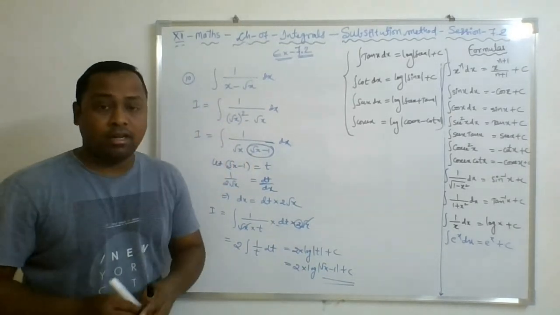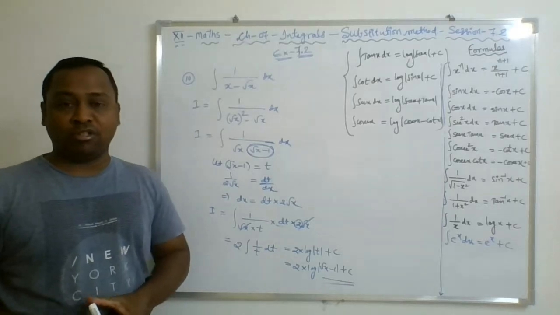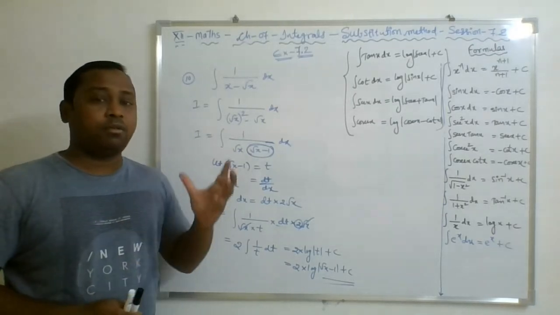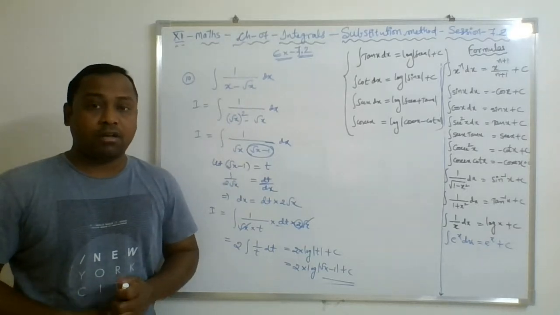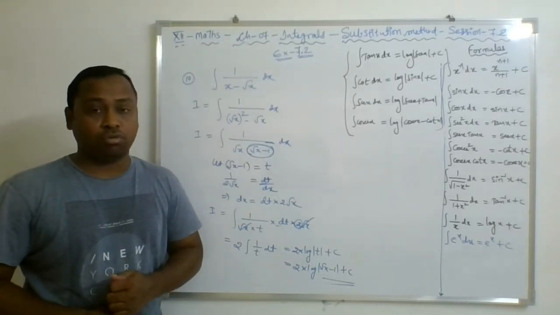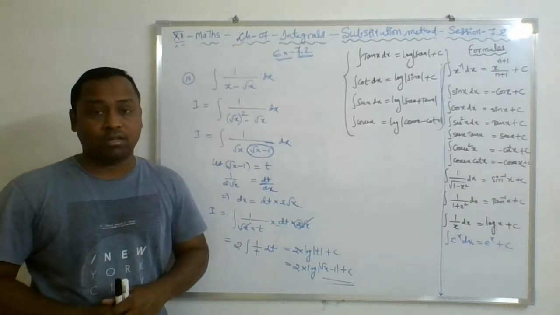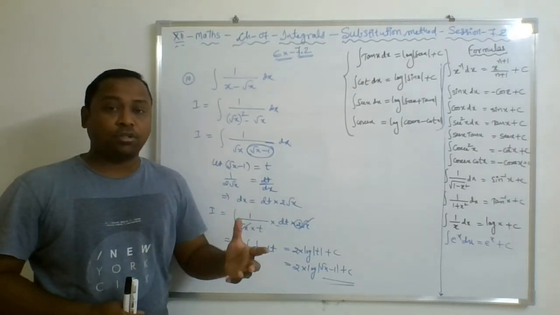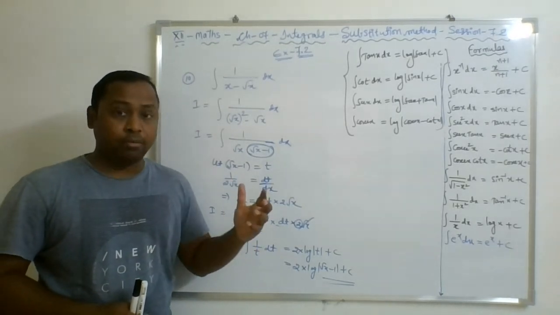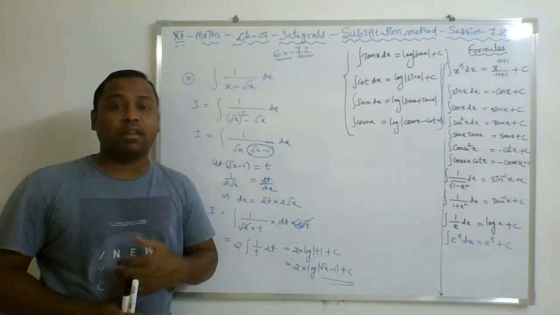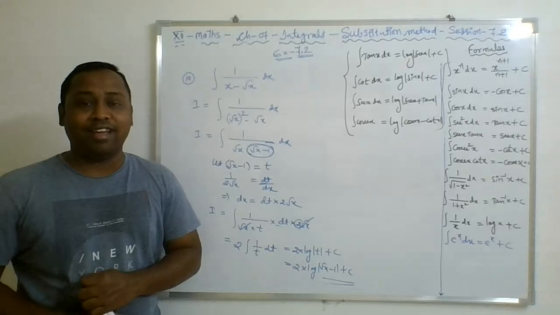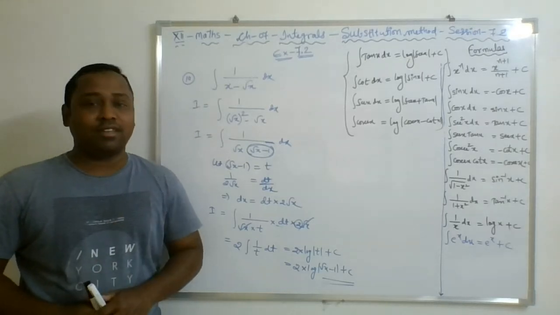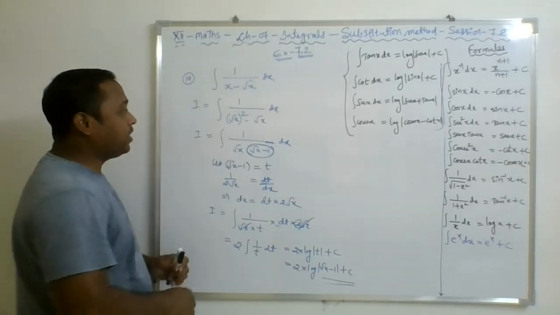So here what we learned from this session is that sometimes the function's derivative appears or is visible clearly in the question, sometimes not. So where the function's derivative is there but it is not visible clearly, your IQ will be tested over there. So that is what the integral's purpose is.